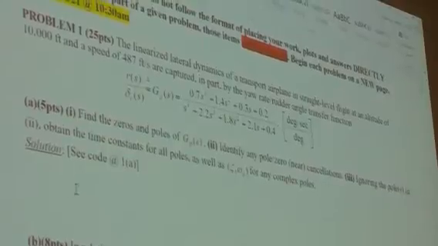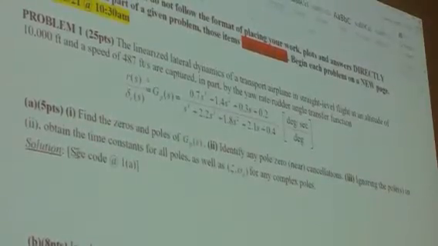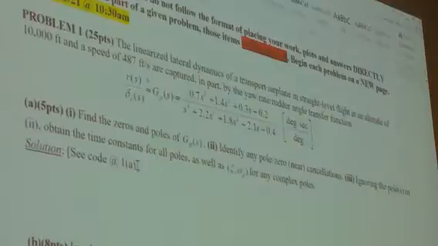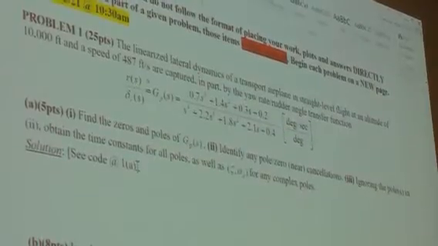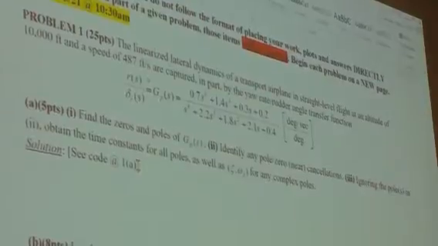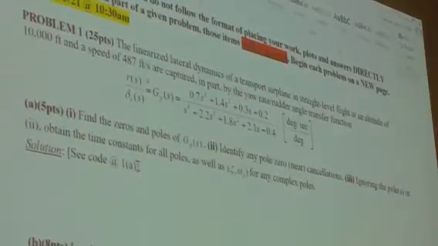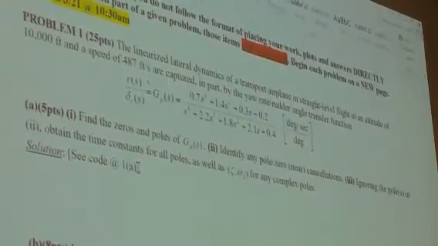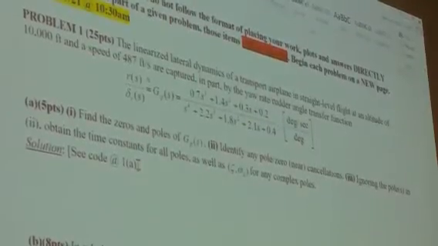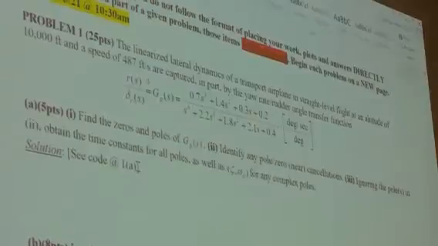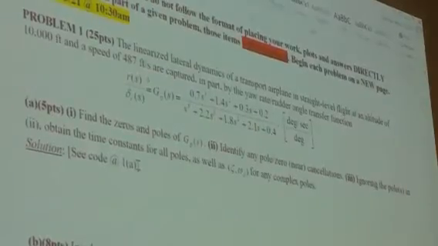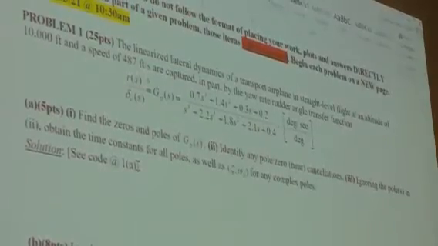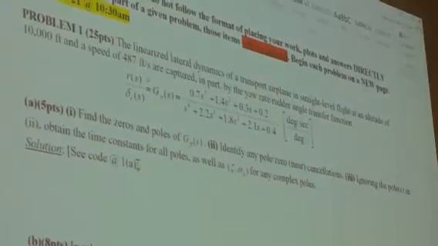And again, it says solution. In my solution, I say C code 1A. Now, what you can do, if you want, is work in the MATLAB workspace, which I often don't like to do because I'm too prone to making mistakes, and then I have to rewrite all my code. So I like generating a file and then correcting my file. But if you want, you can just say roots of a polynomial, and you can copy and paste.